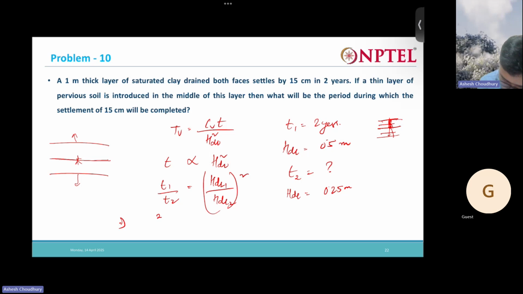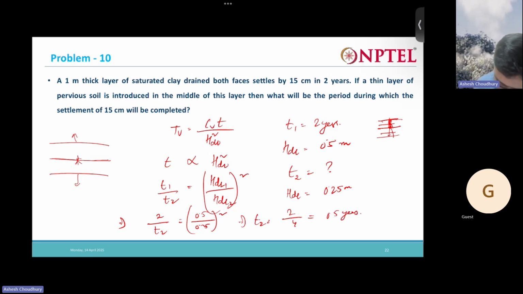Initially time was 2, so T2 equals 2 times (0.25 by 0.5) squared, so 2 by 4, which is 0.5 years.